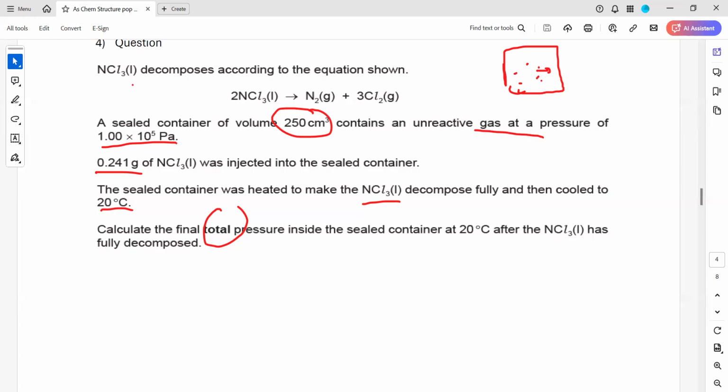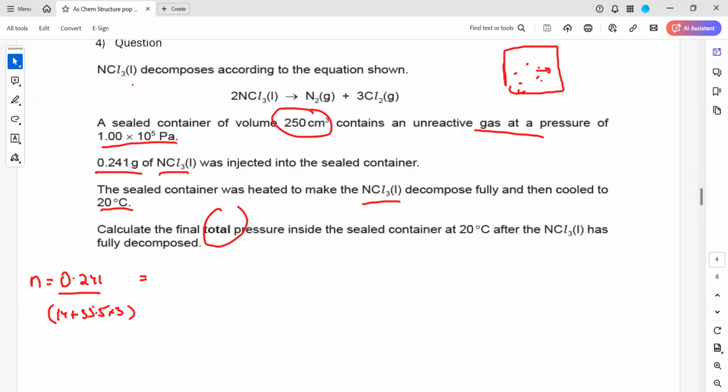So first we work out the moles. How do we work out the moles? Moles equal mass in grams over molar mass. So 0.241 divided by the molar mass of NCl3. Nitrogen is 14 plus chlorine is 35.5 multiplied by 3. How many moles do we get for this NCl3?